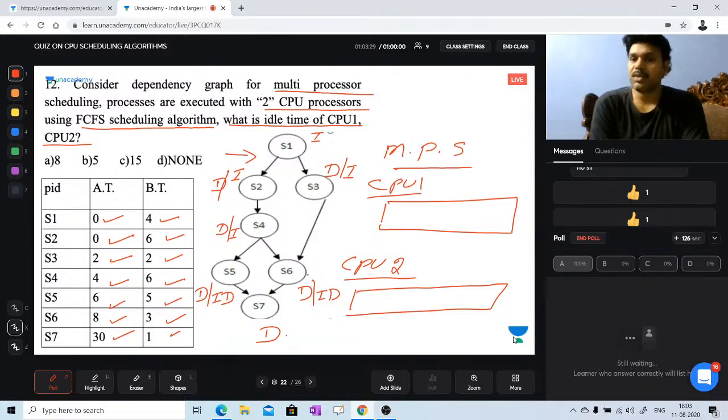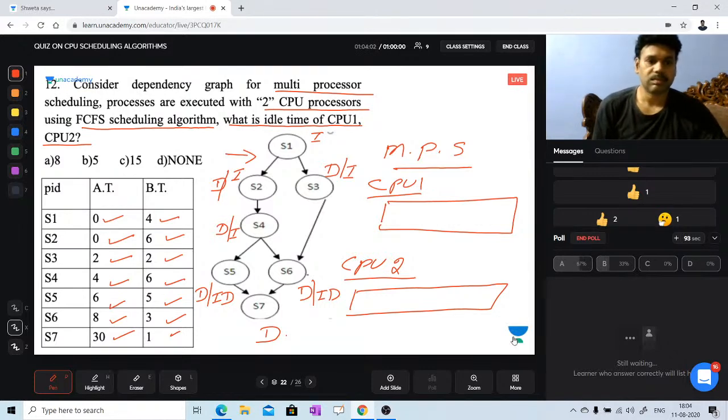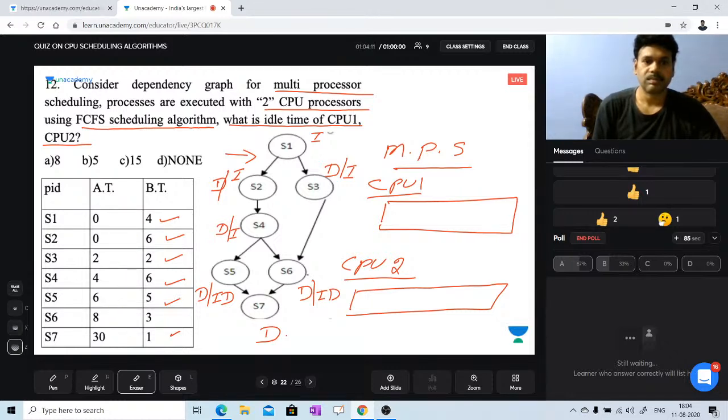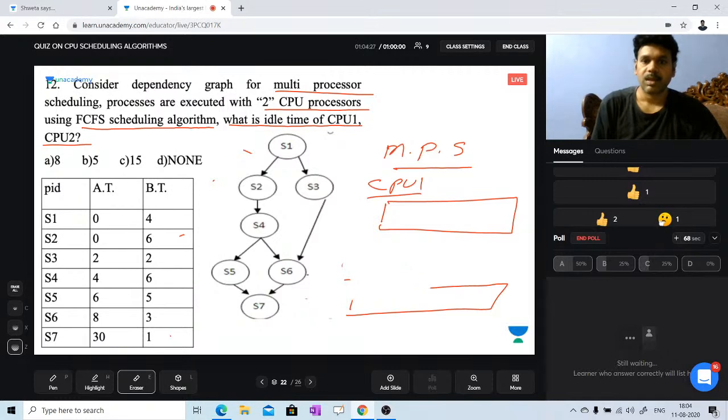If this question comes in GATE, what will you do? Think in that aspect. Don't give up. Try it. Last 1 minute.